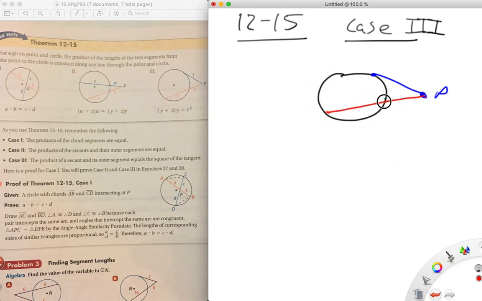Intersection point here, and then the other intersection point here. We're going to call this T for tangent, and then we're still going to call this one Z and Y.